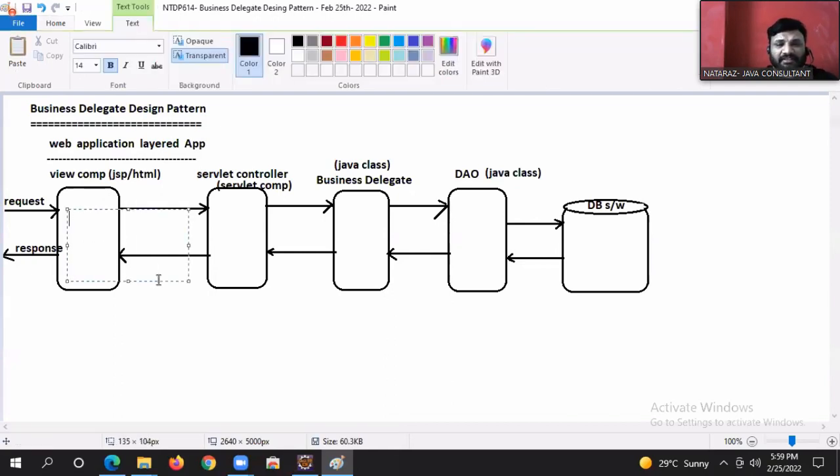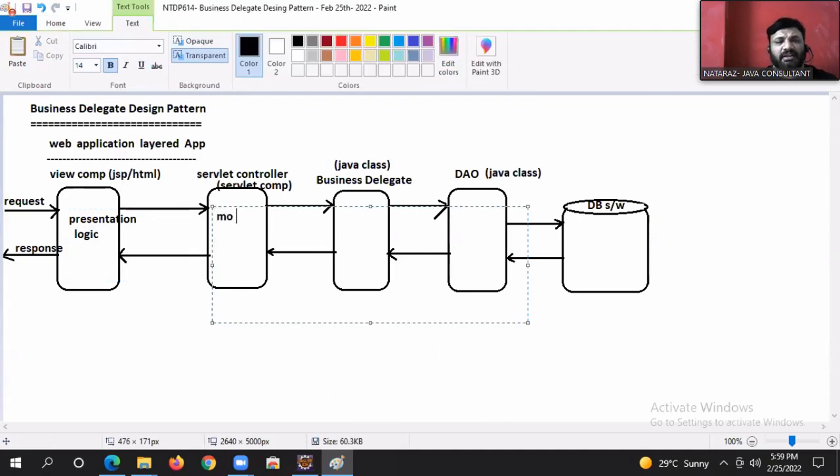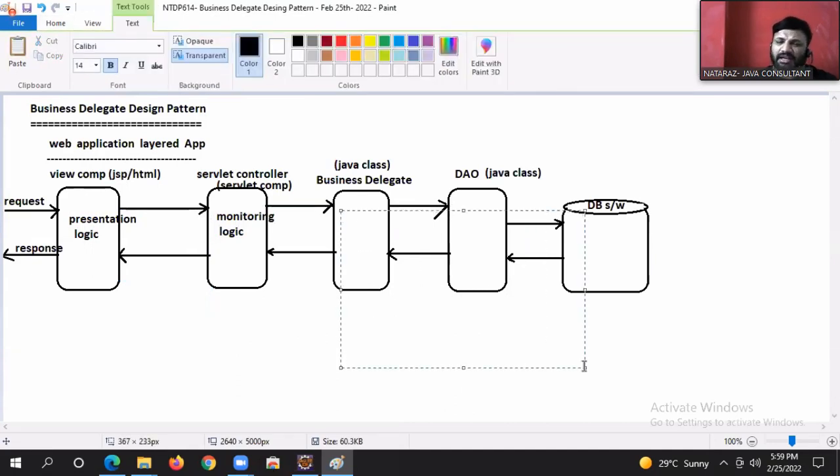What does this logic contain, guys? Presentation logic. What is this logic here, guys? Monitoring logic. Here, what is the logic, guys? Business logic.